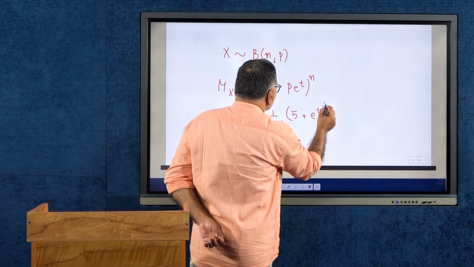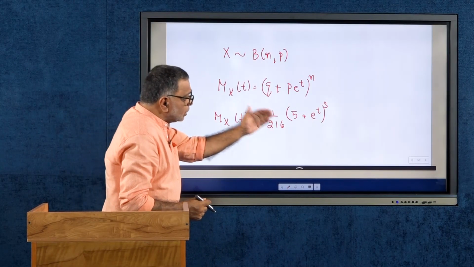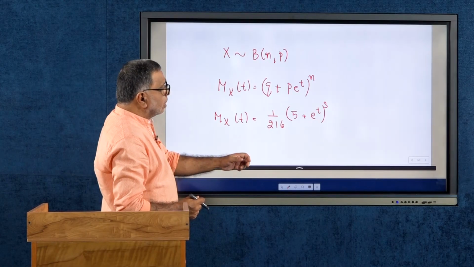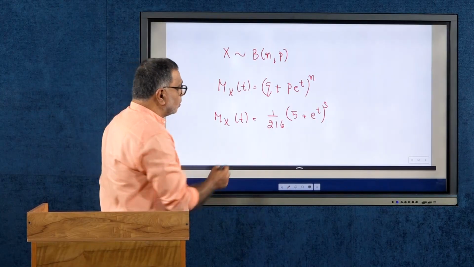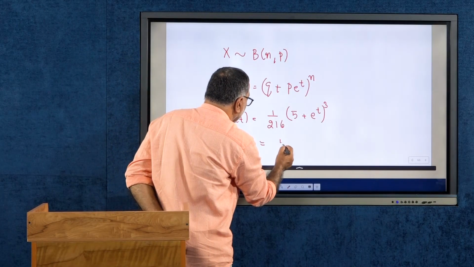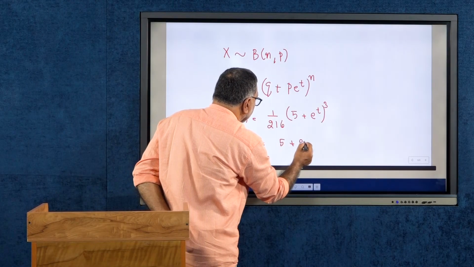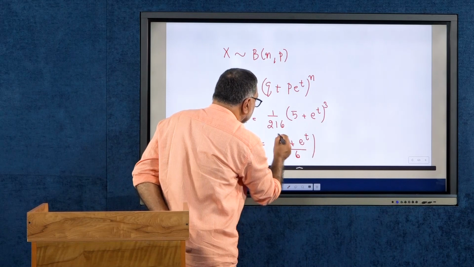This is the moment generating function given to you. Can you express this function in a form very similar to this one? Because you can see this can be written as ((5 plus e power t) divided by 6) power 3. This way you can write.